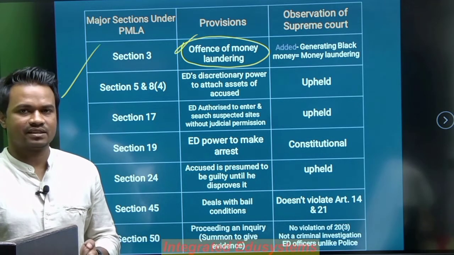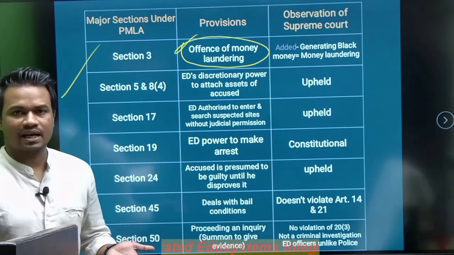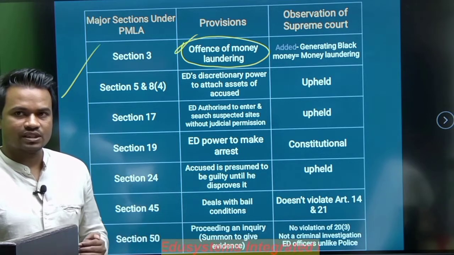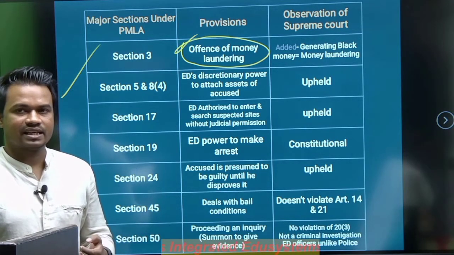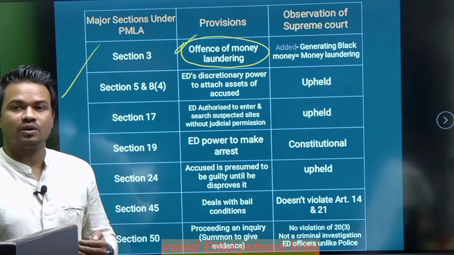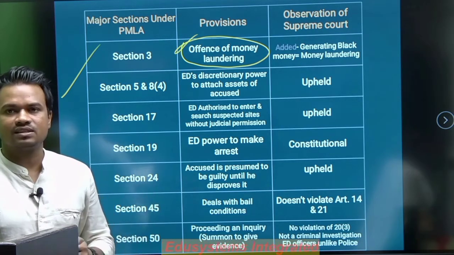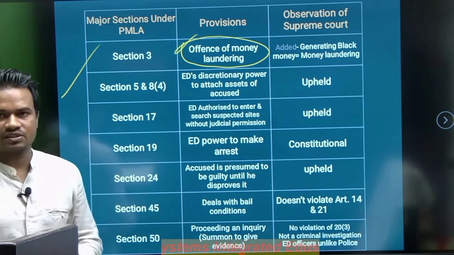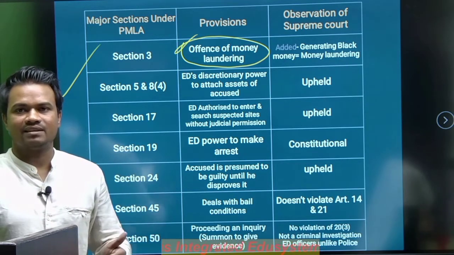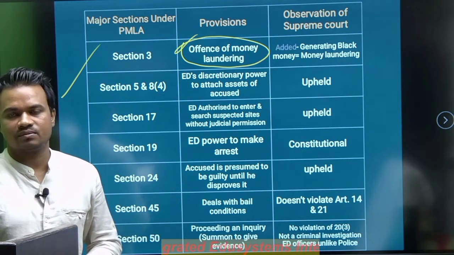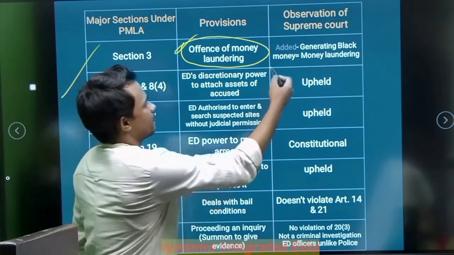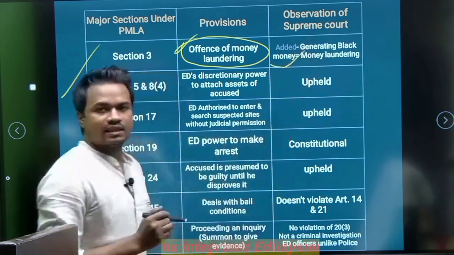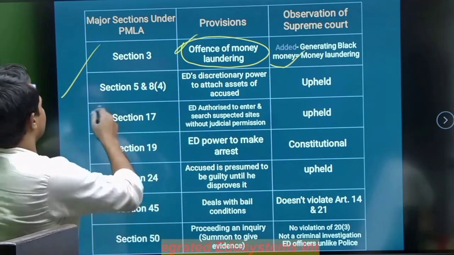If the process of generating black money is undertaken, that also amounts to money laundering. So, this is a new dimension added by the Honorable Supreme Court of India. That is the important observation regarding the recent 3-judge bench judgment.